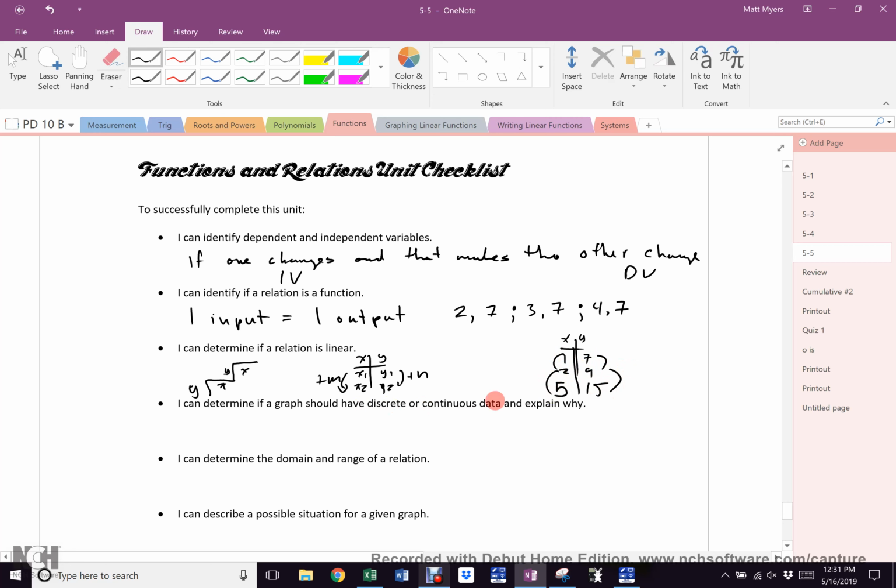Discrete or continuous, and explain why. Discrete, we count. Continuous, we measure. Now, appearance is different. If I'm selling tickets to a Canucks game, even though no one wants to see them because they stink, 18,000 people fit in that arena.